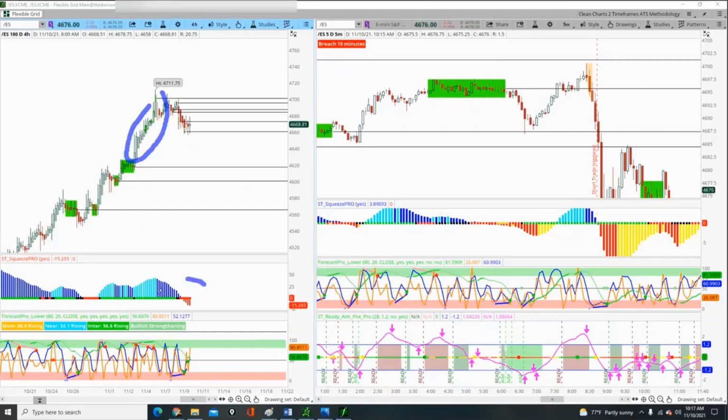Now, we are in a squeeze, a 4-hour squeeze. One of the things I'm focusing on is whenever we're in a squeeze, and oh my gosh, I didn't even realize this. See my little box?